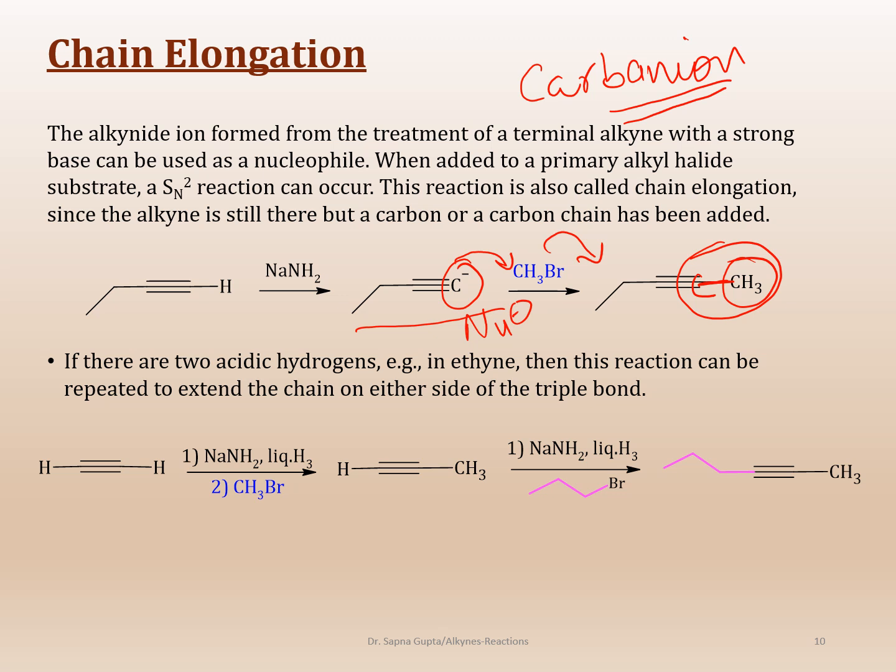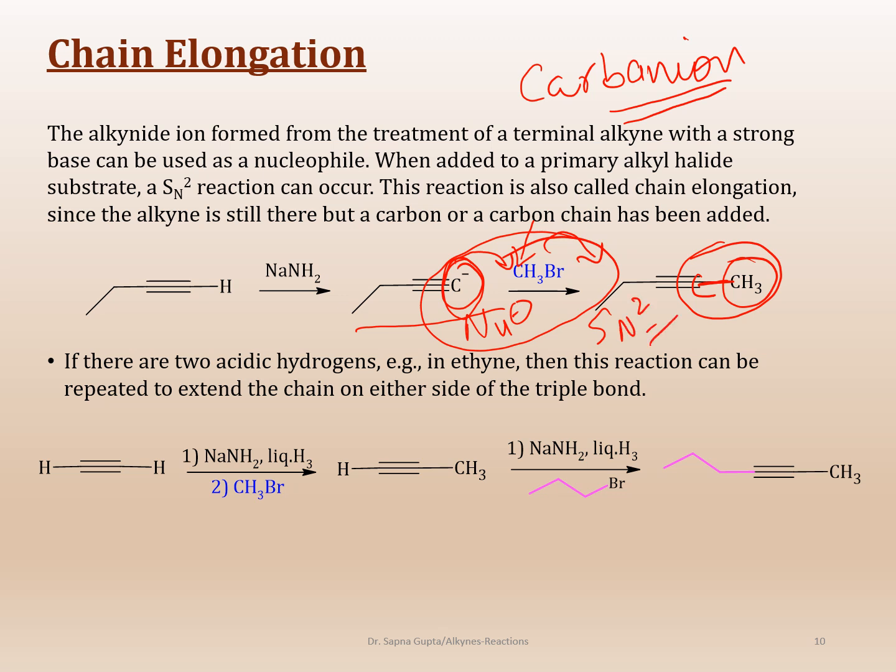Carbon-carbon bonds form only when there is an electronic imbalance. Because this carbon is negative and this carbon is not exactly positive, it's not a carbocation, but it is still an electrophilic center, this carbon-carbon bond can be formed by just doing an SN2 reaction.